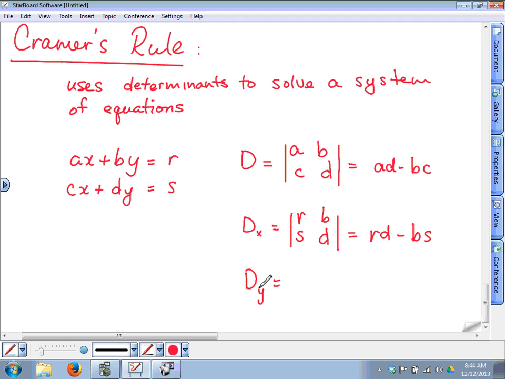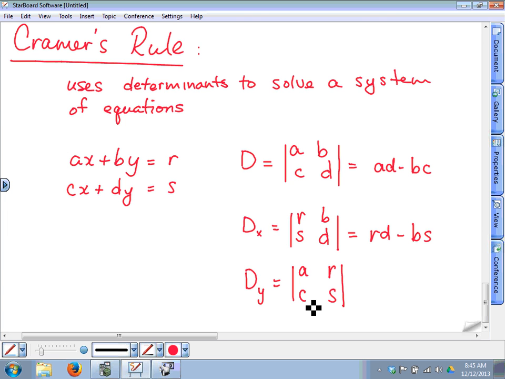Now you got to pay attention to the subscript. Since the subscript is Y, the second column takes on those values of R and S. So I'm going to put the R and the S here in the second column, because that's the Y column, right? The X column retains the original values as in the original system of equations.